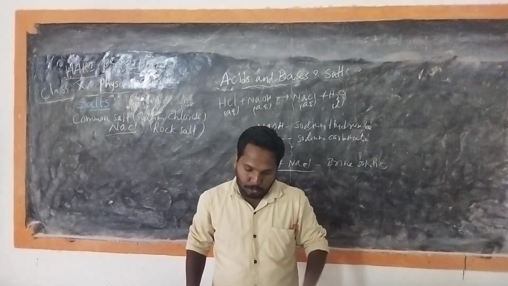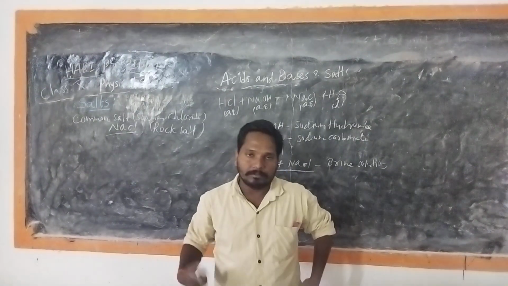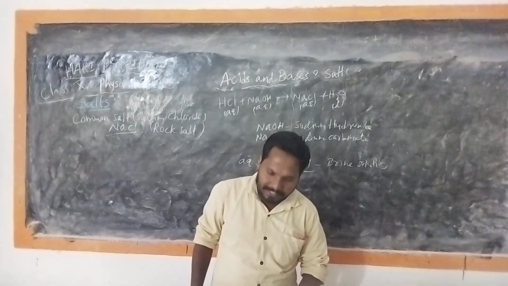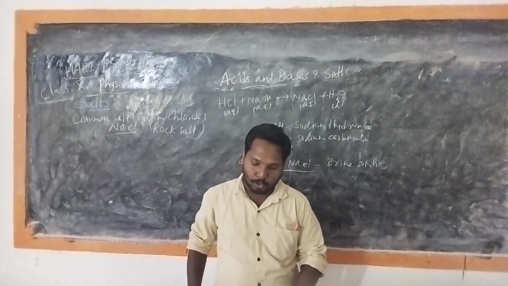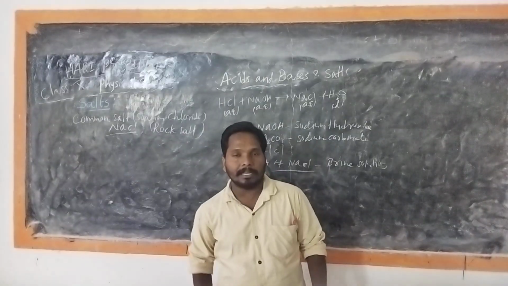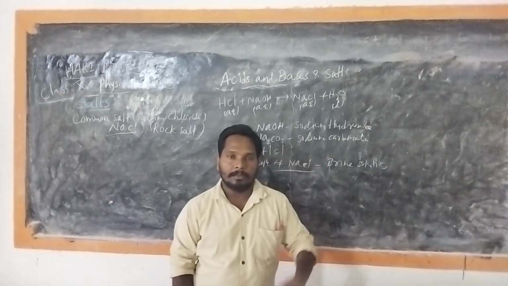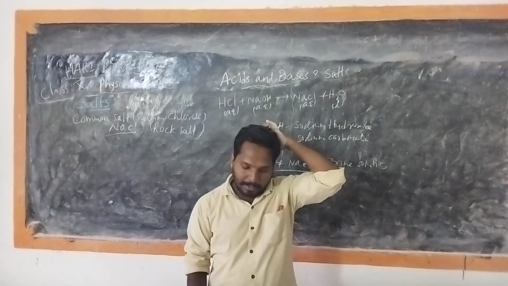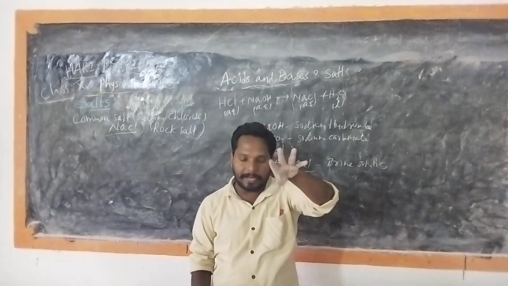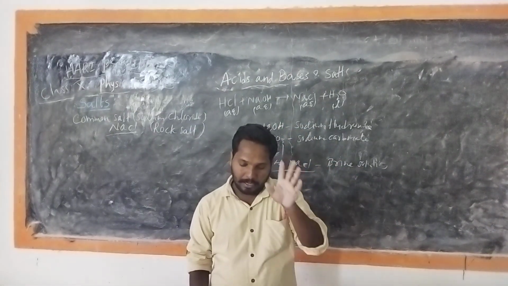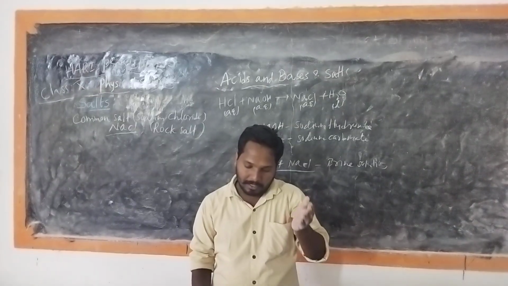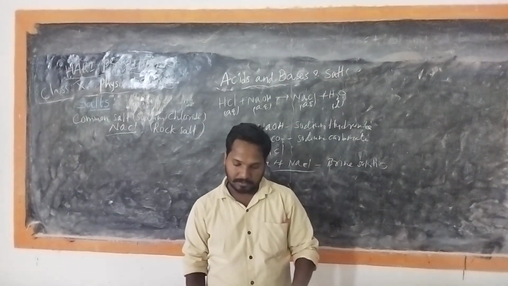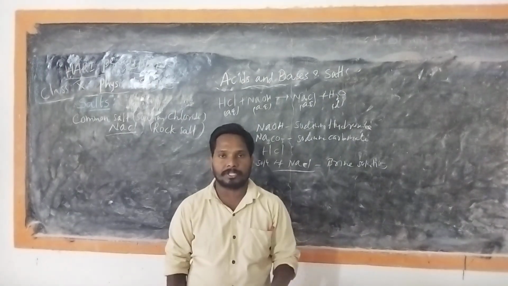Common salt is used in the manufacture of soap. It is used to melt ice which collects on the roads during winter in cold countries. It is used as a preservative in pickles and in curing meat and fish.